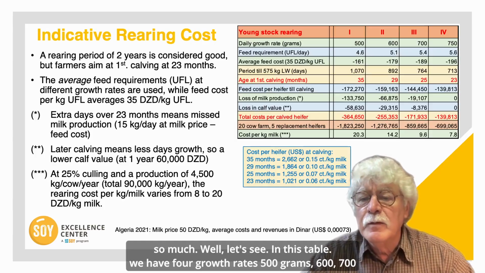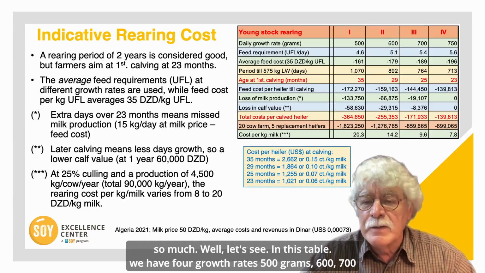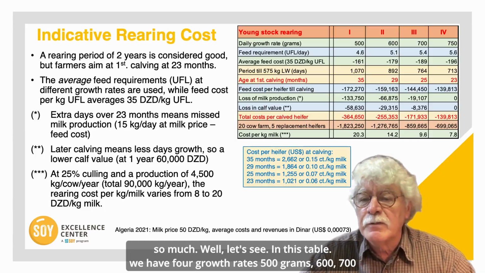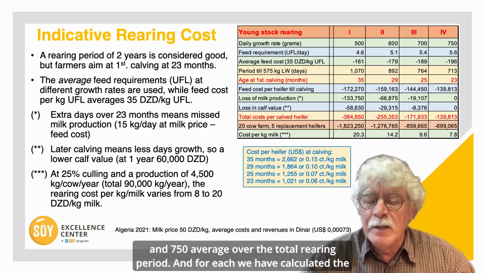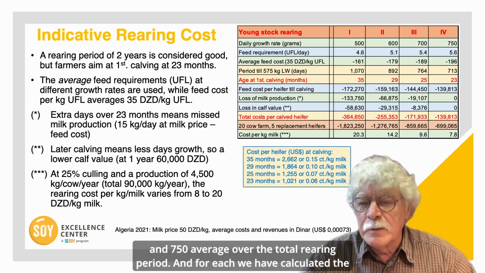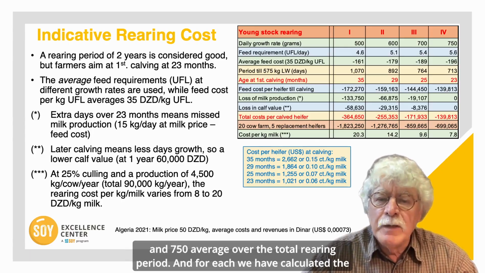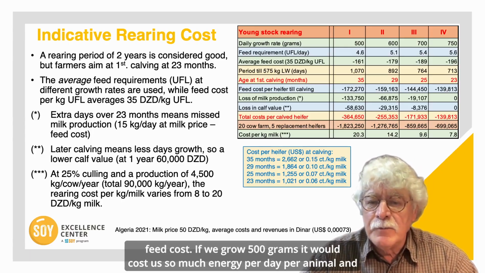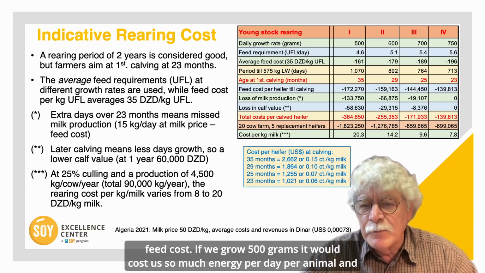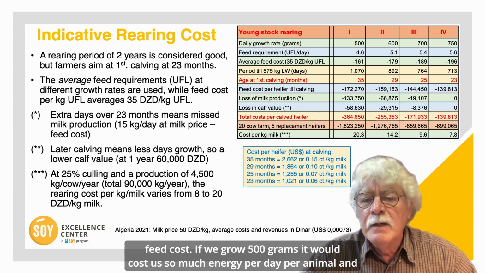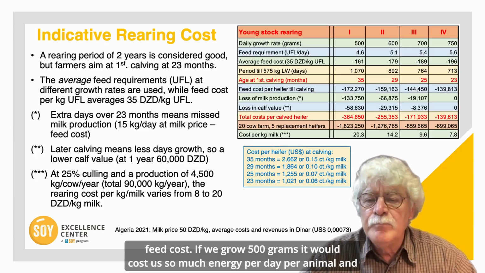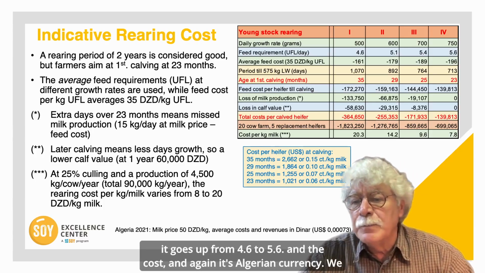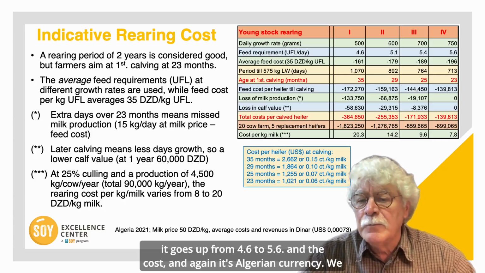In this table, we have 4 growth rates, 500 grams, 600, 700, and 750 average over the total rearing period. And for each, we have calculated the feed cost. If we grow 500 grams, it would cost us so much energy per day, per animal, and it goes up from 4.6 to 5.6.